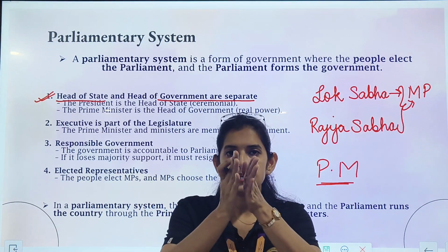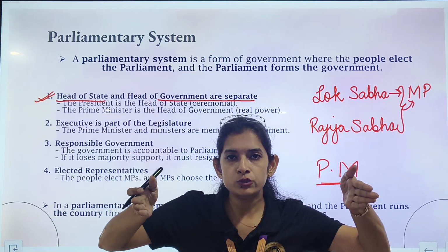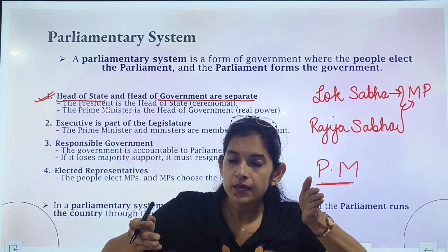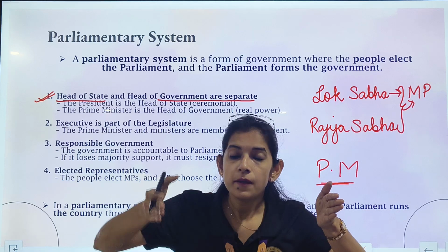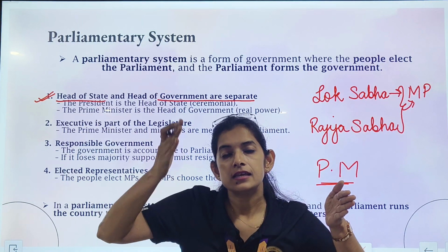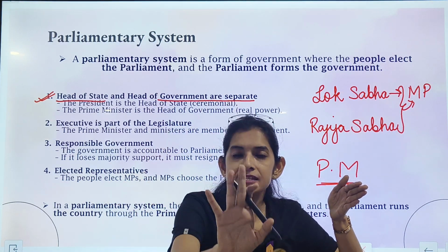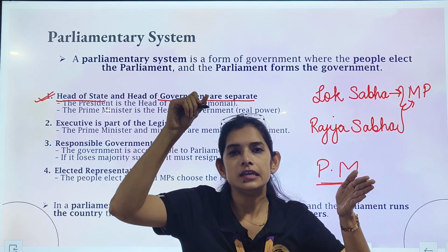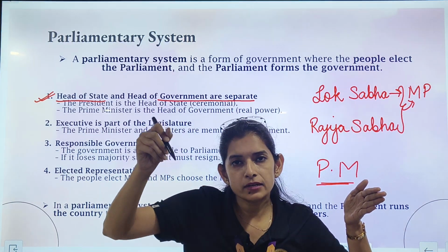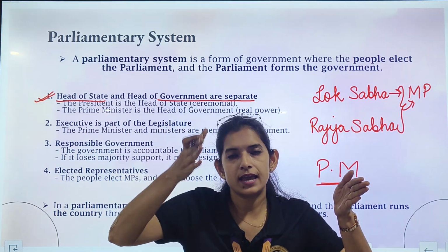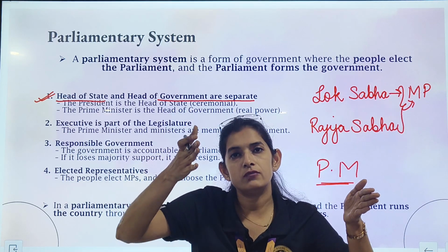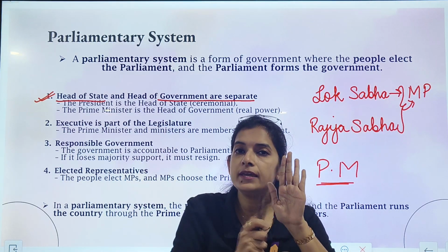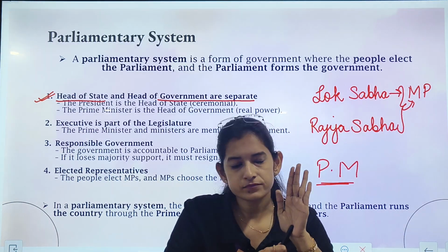So the powers are divided between the two. Understood? The real work is done by the prime minister. But the nominal work, that is, the person who is representing India officially in nominal terms, the head of India, would be the president. But the functional head would be the prime minister.